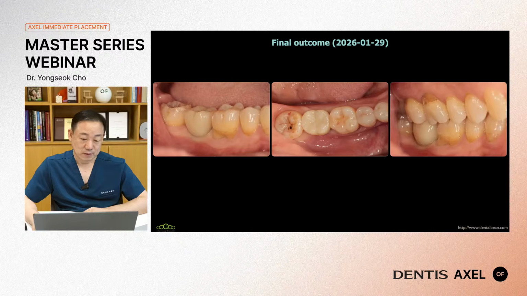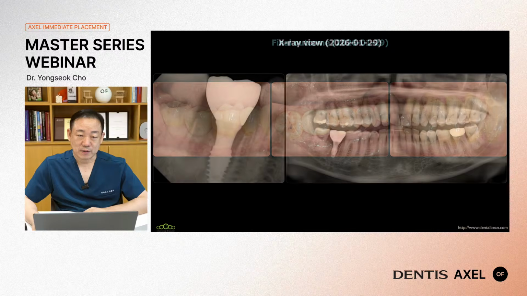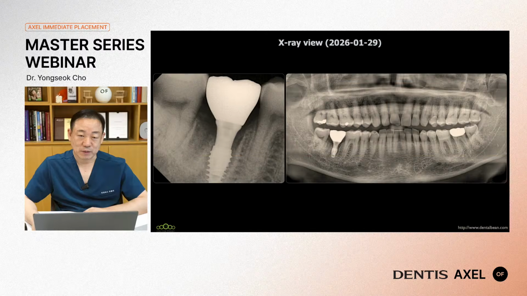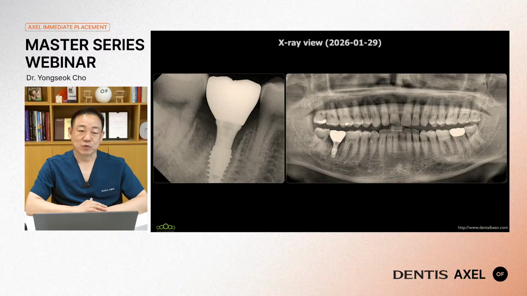The soft tissue margin looks not bad, and this is the radiographic image. The bone is not yet matured around the implant coronal portion, but time will remodel the crestal bone, and I expect a very nice prognosis of this case.